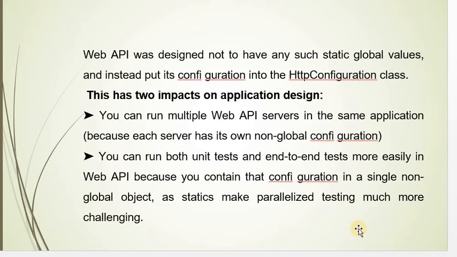Then you can run both unit tests and end-to-end tests more easily in Web API, because you can configure the single object individually, so that you can run unit testing as well as end-to-end testing.